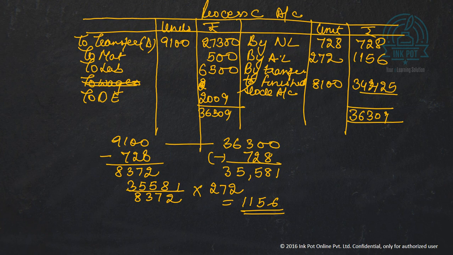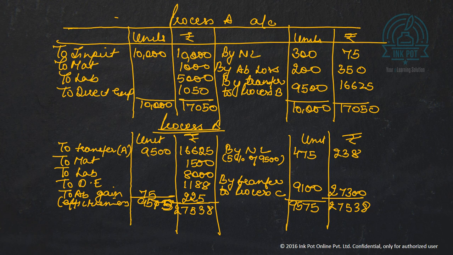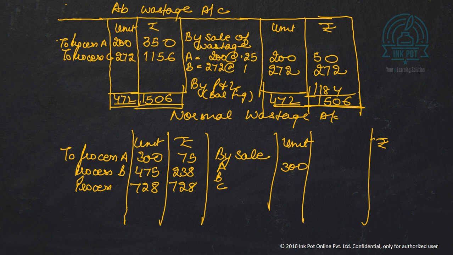In normal wastage account, the normal loss in process A was 300 units, in process B the normal loss was 475 units, and in process C the normal loss was 728 units, right? So I am simply writing down the values here: 300 units, then 400 units, and then 728 units.